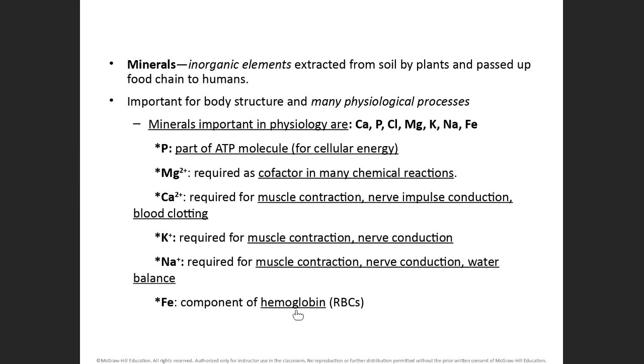Hemoglobin binds to oxygen, and in this way, the hemoglobin inside our red blood cells transports oxygen throughout the bloodstream. You have to have iron inside of hemoglobin, because iron will actually bind to oxygen, and then the oxygen is attached to the hemoglobin, and that hemoglobin transports oxygen through the bloodstream. And again, that's something in Bio 139 that you're going to deal with a lot.